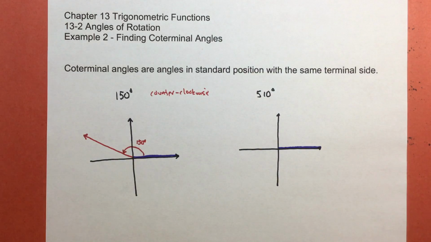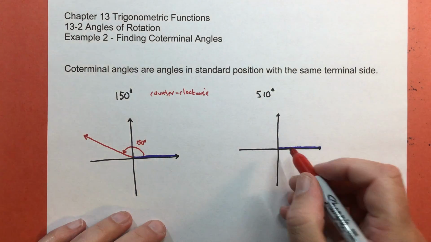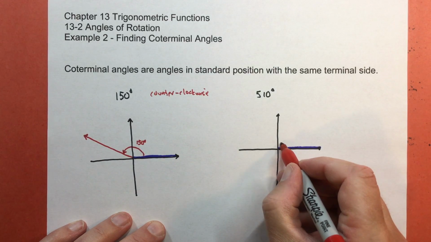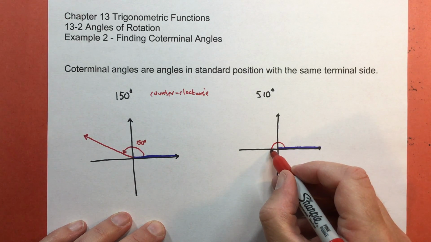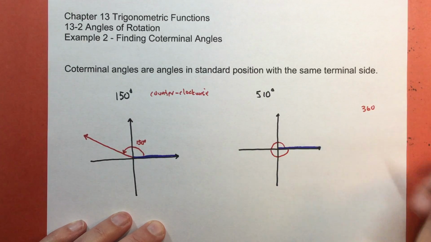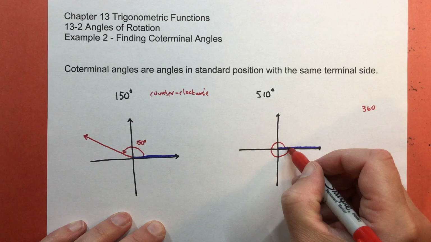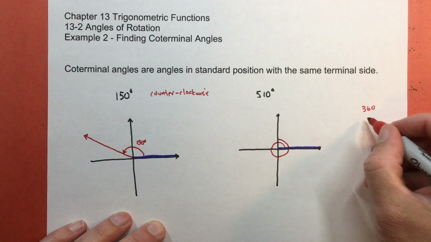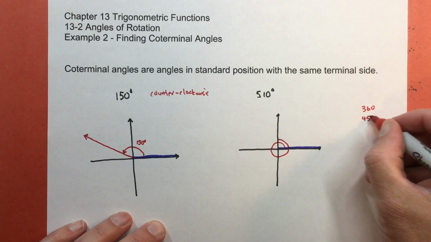Now 510 is more than 360, so I'm going to have to rotate all the way around first. So again, I'm going to go 90, 180, 270, 360. So I'm up to 360 so far. I'm going to go another 90 degrees, and now I'm at 450.